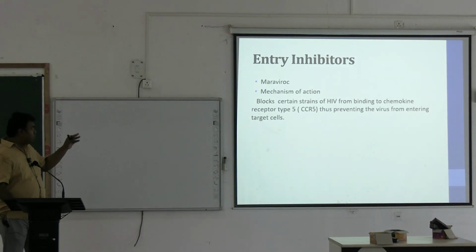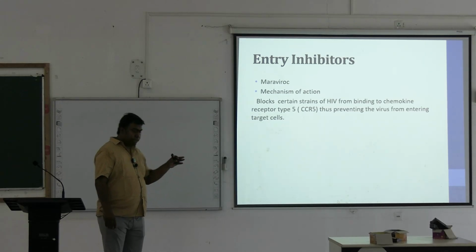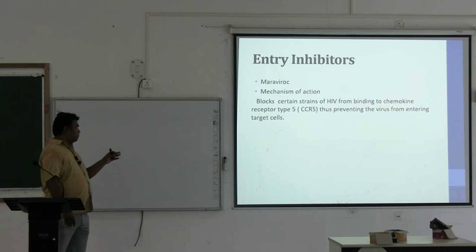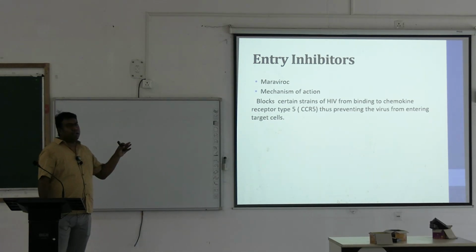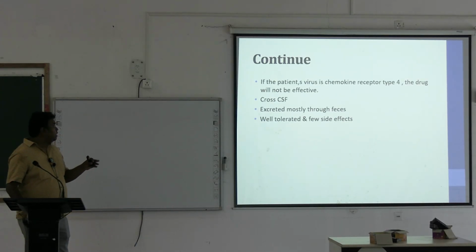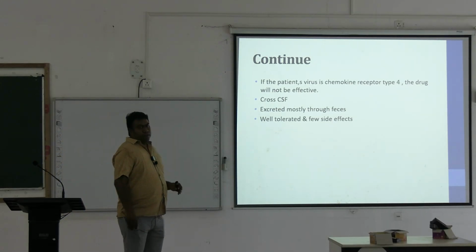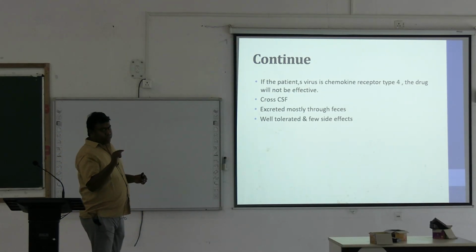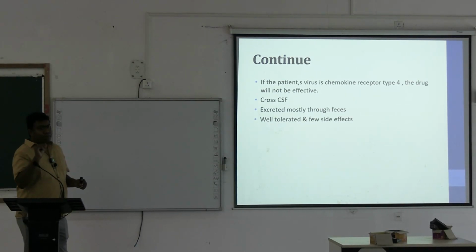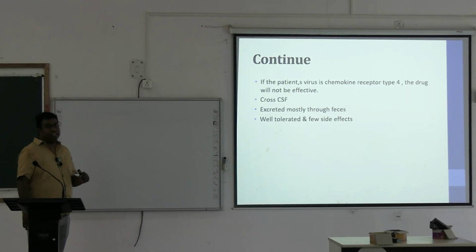Entry inhibitor: Maraviroc inhibits CCR5, which is a co-receptor. But if the virus binds with chemokine receptor type 4, not CCR5, then Maraviroc is not a good drug; it cannot prevent that.